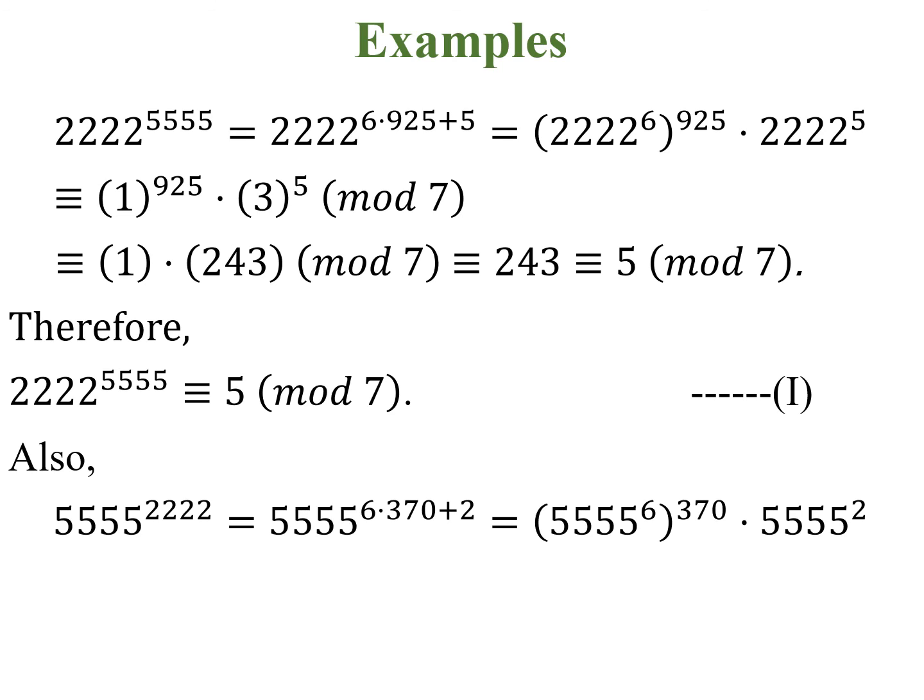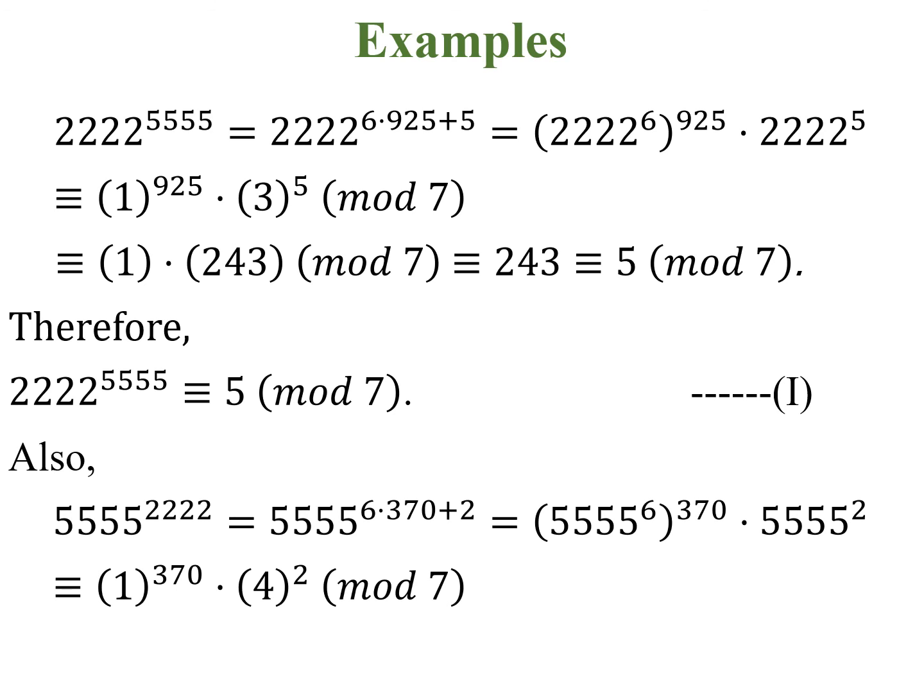This is congruent to 1 modulo 7, so it can be replaced as congruent to 1 raised to 370 into, here we have already applied the division algorithm, 4 modulo 7. So it becomes 1 raised to 370 into 4 square modulo 7.